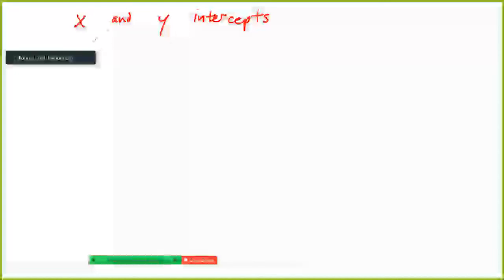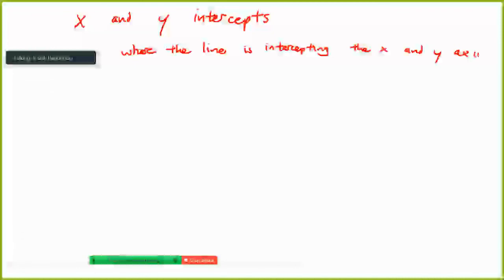We're looking for where the line is intercepting the x and y axes.